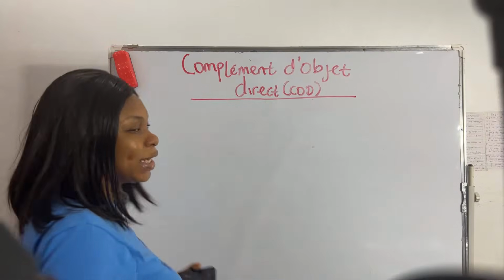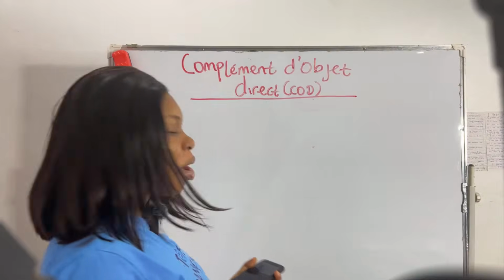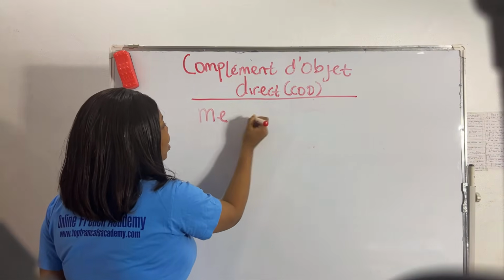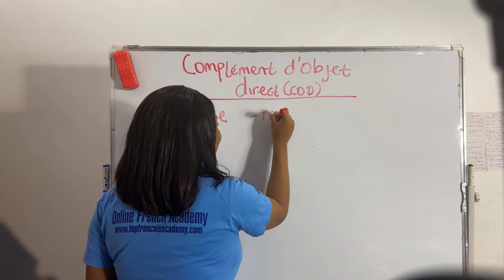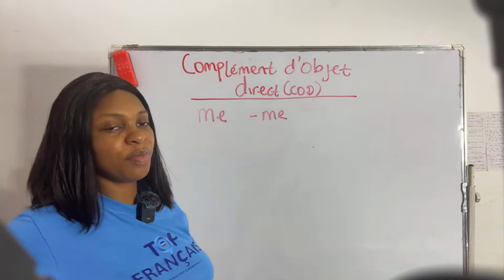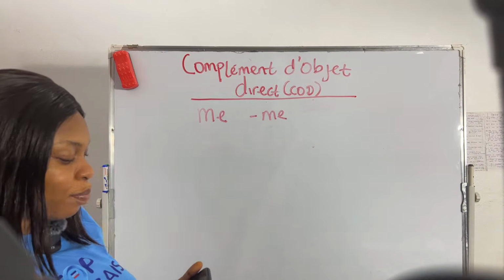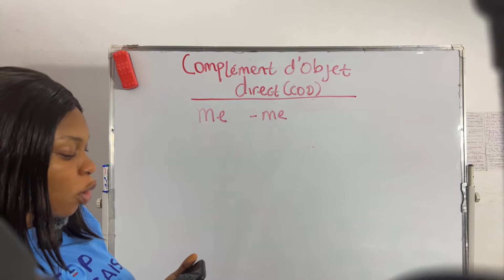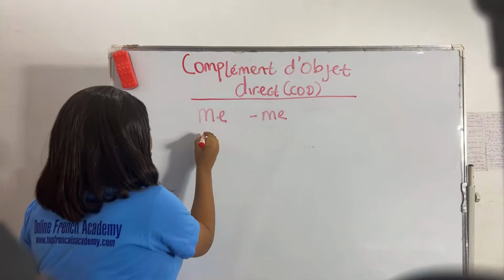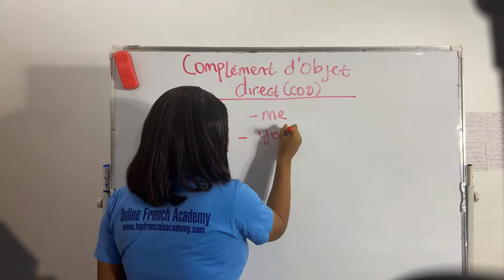Now, COD. Let's look at it. We have me. Me is how you say me. It's the same pronunciation, but it's quite different. And then we have te. Te is you.